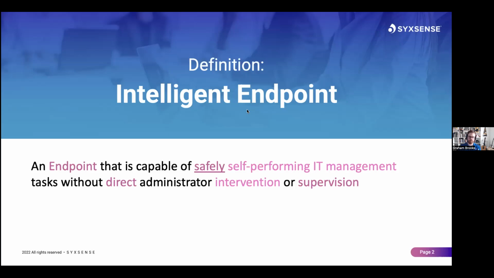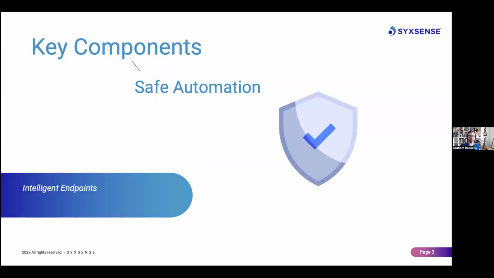There are a couple key components that we're going to be using as we build our intelligent endpoint framework today. The first key component is going to be the concept of safe automation. You don't want to do too much too fast, because if you approach it too heavy-handedly, you can break things.